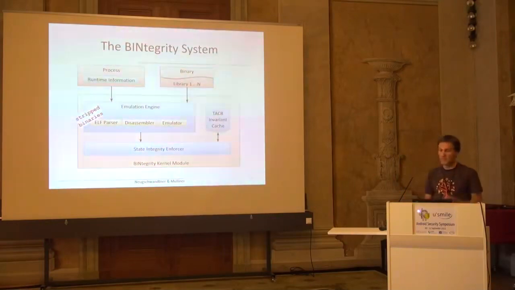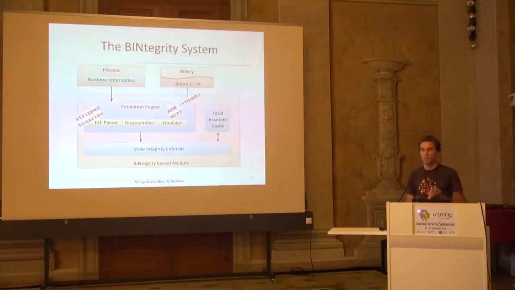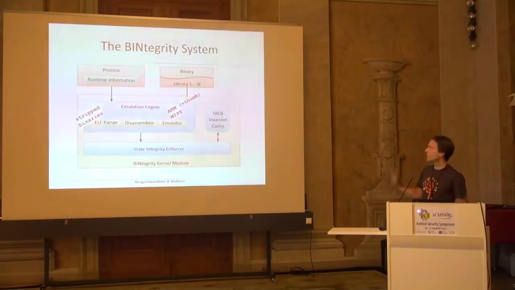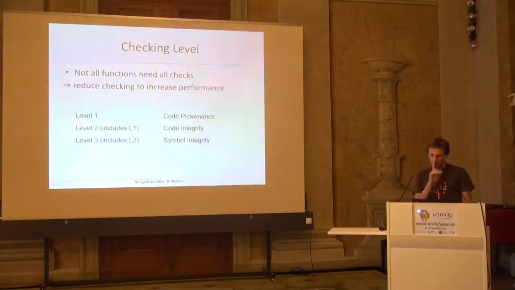It has a disassembler and a complete code emulator that we implemented for both the ARM and MIPS architectures. We also have an invariant cache, which I will come back to later, because all this disassembling and emulation are quite costly operations, so we also cache some information.